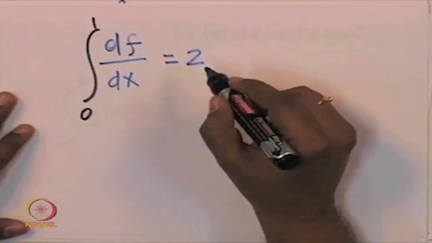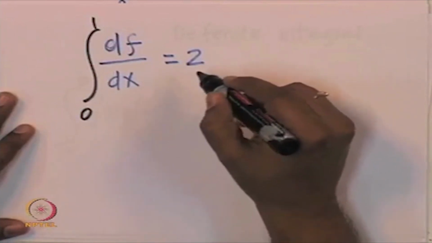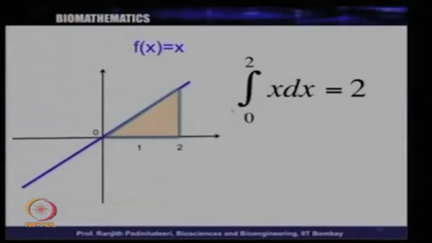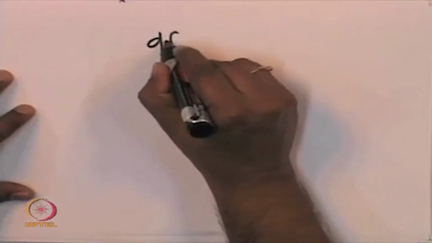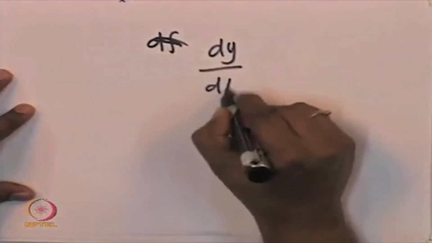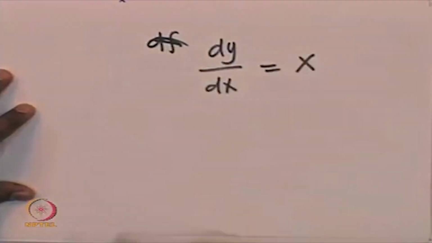So, let us go back to a new example, where f of x is a function x. Let us take dy by dx equal to x.